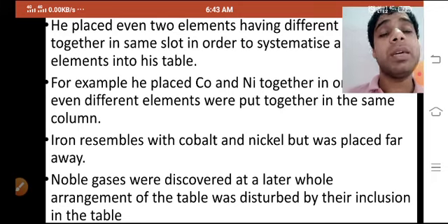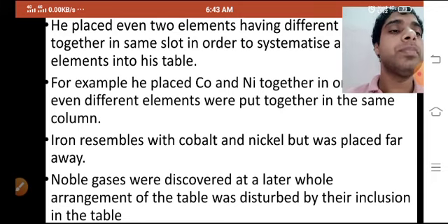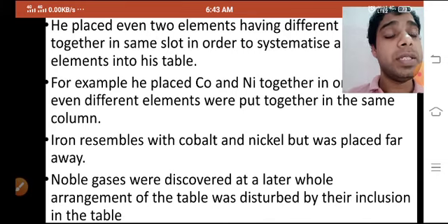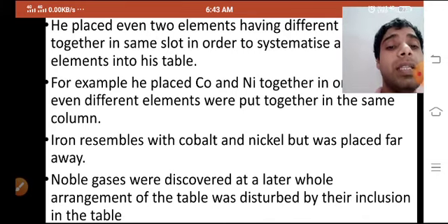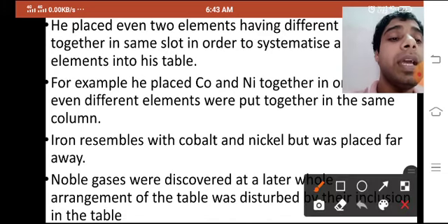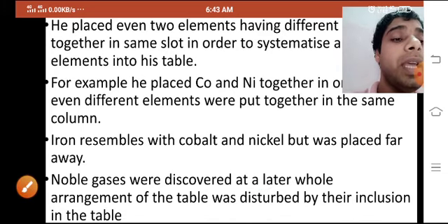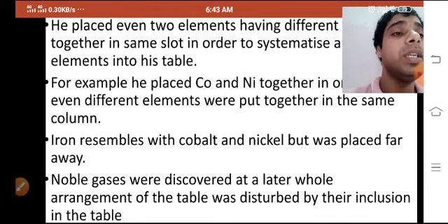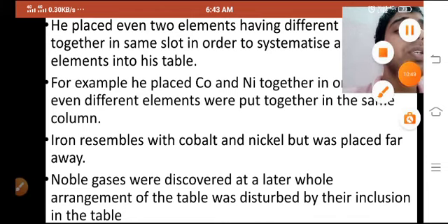When the noble gases were discovered, it disturbed the periodic table. Here it is written that noble gases were discovered at a later stage, and the whole arrangement of the table was disturbed by their inclusion. So this is the thing you should know.